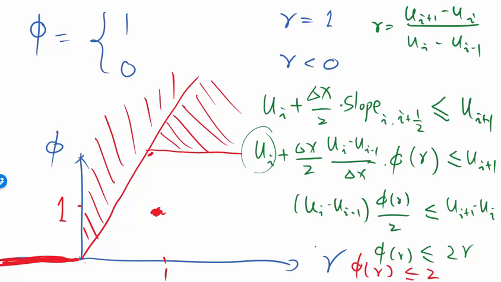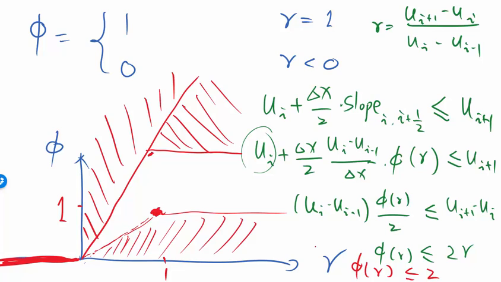So if you put all the constraints together, you're going to get basically a viable region of the limiter, and the viable region turns out to be something like this. So let's see. For the second order, I think you can't go below here, and you can't go below here, and what else? And there is also a region you can't go above here, I think.